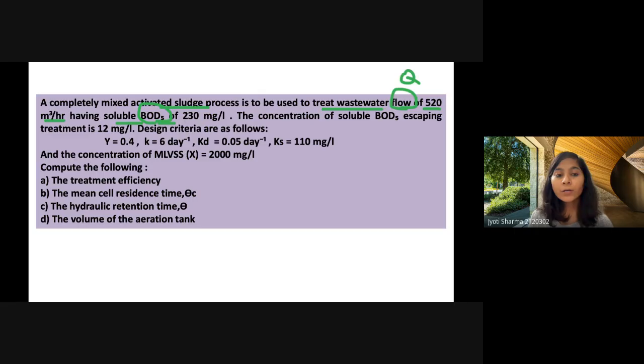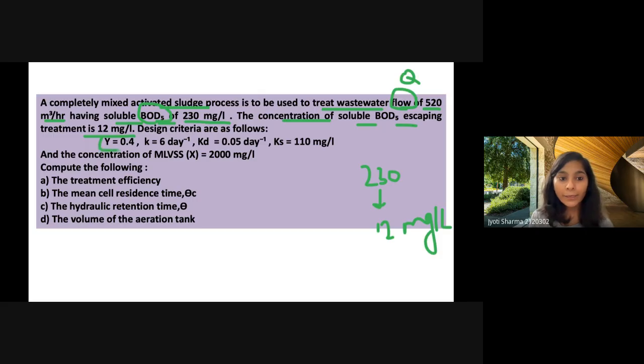BOD of 230 mg per liter. The concentration of soluble BOD escaping treatment is 20 mg per liter. So you are removing BOD from 230 mg per liter to 12 mg per liter. So this is the BOD that we are removing from the wastewater.